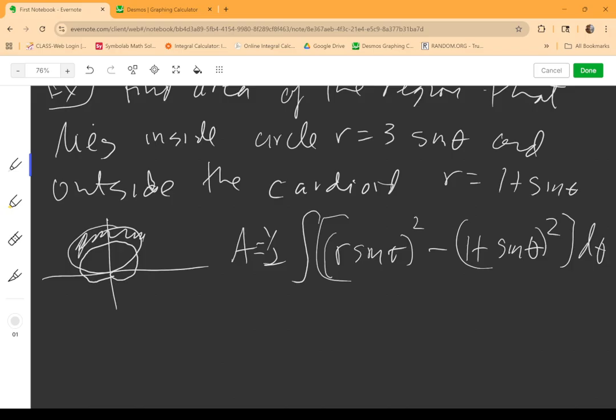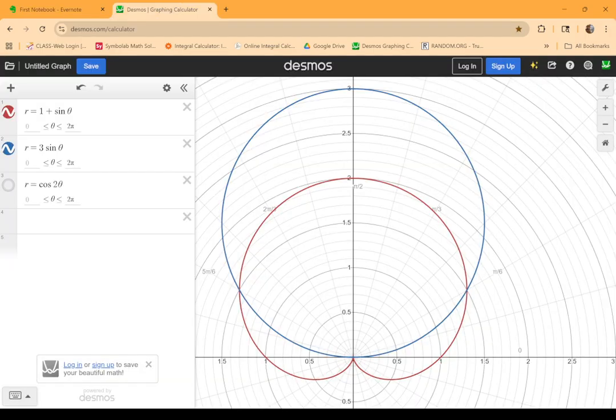Now, one thing to realize here is when theta starts at 0, the graph of the cardioid starts at 1. When theta is 0, r is 1, and then it sweeps up here. You could see here, they're labeled for us on Desmos as pi over 6 and 5 pi over 6, the limits of integration.